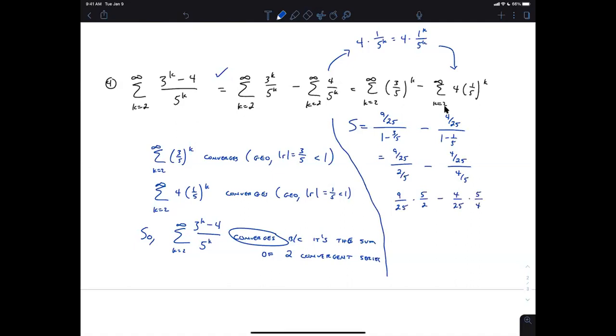These cancel and simplify, and so you get 9 over 10 minus 1 over 5. That's 9/10 minus 2/10, so we get 7/10, unless I made a small mistake with fractions, but I don't think I did. I think that's good. All right, questions? So it converges and the sum is 7 over 10.